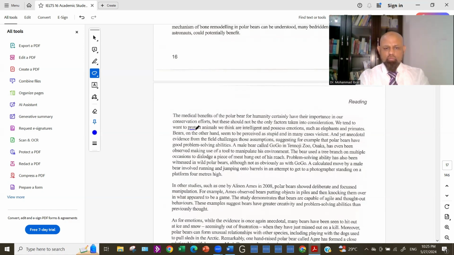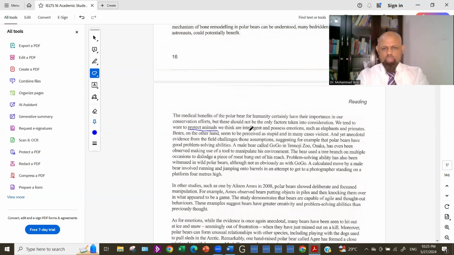See here, we found the keyword, protect animals. Okay. Now, this is a relevant paragraph because it's about protecting this animal and reasons why we all should protect this animal.